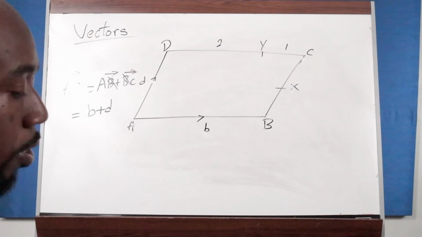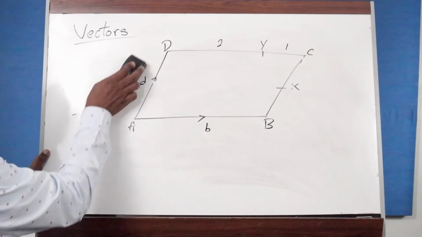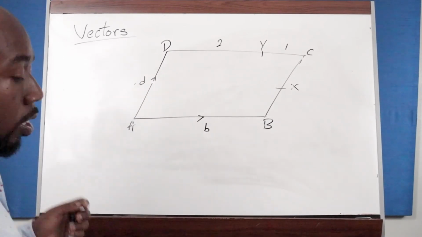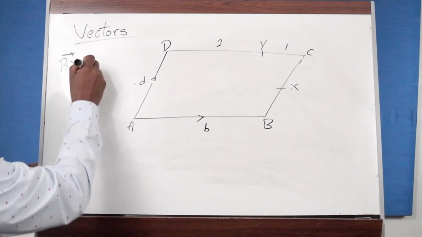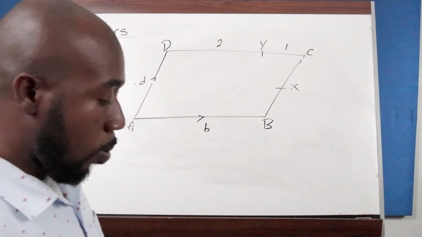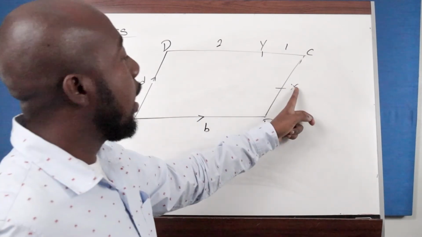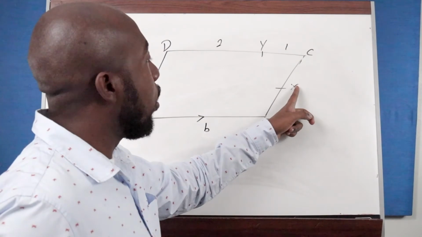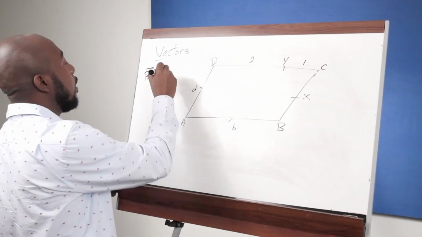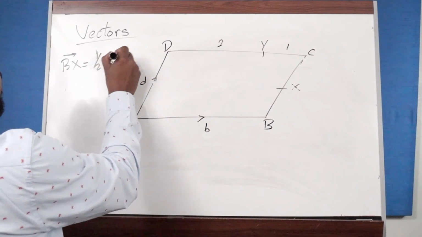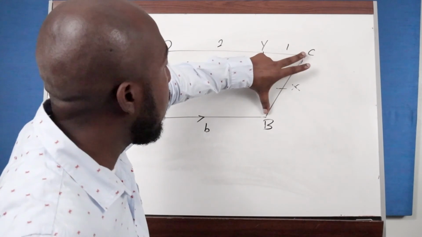Okay, let's look at one more. We have BX. So we want BX, so I only want from B to X. Note, it says X is a midpoint. Midpoint means it's halfway. So because X is halfway along BC, BX is half of BC.